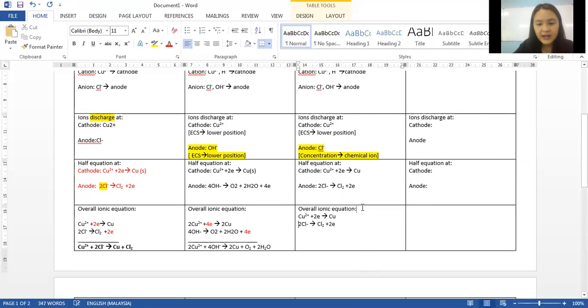To recap, the rule to combine them is to cancel off the electrons from both sides. In this case, the number of electrons is the same, so you can just cancel them. Once you're done with that, whichever is in front of the arrow you put together, that is Cu2+ and 2Cl-. Then whichever is behind the arrow you put together, Cu and Cl2.